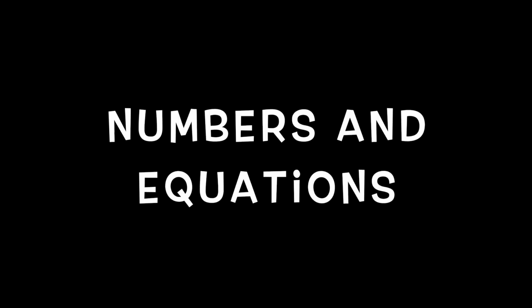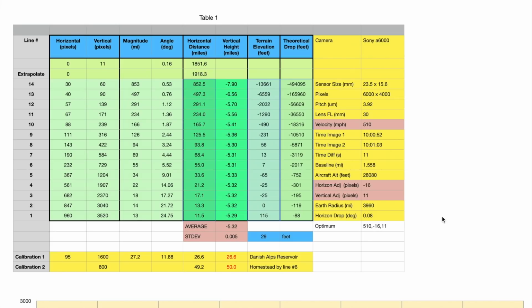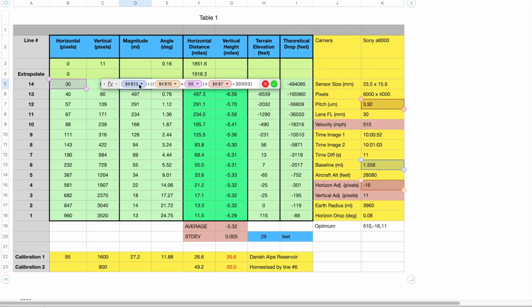Now let's have a look at those gory details, numbers and equations. So here's my spreadsheet. I've entered the horizontal and the vertical pixels there, and then I can calculate a magnitude in miles, and there's my equation. K13 on the right, baseline distance, that's derived from the time.